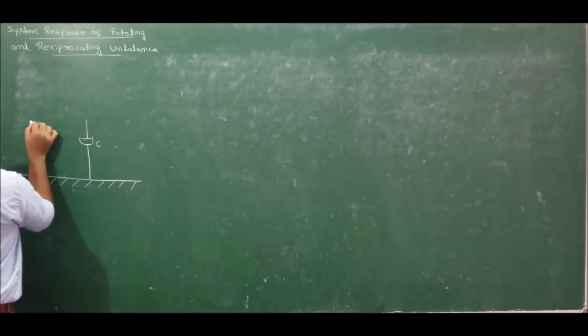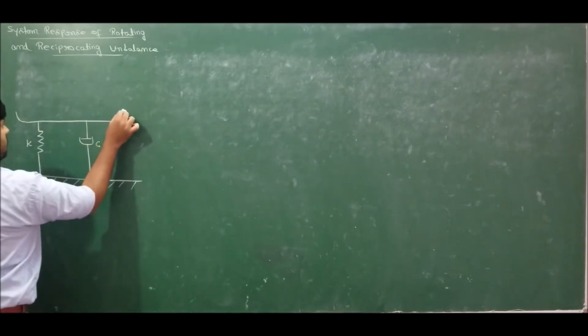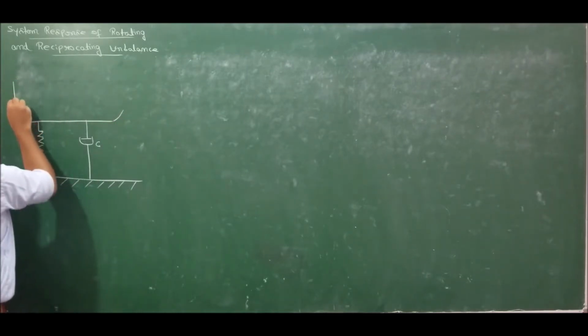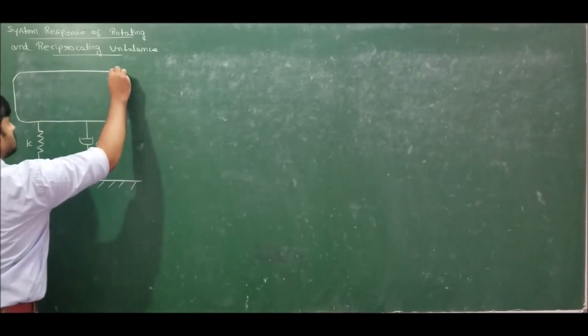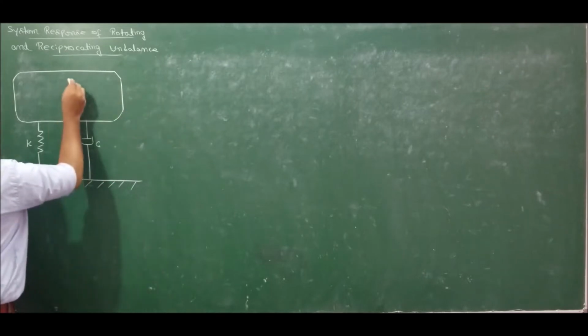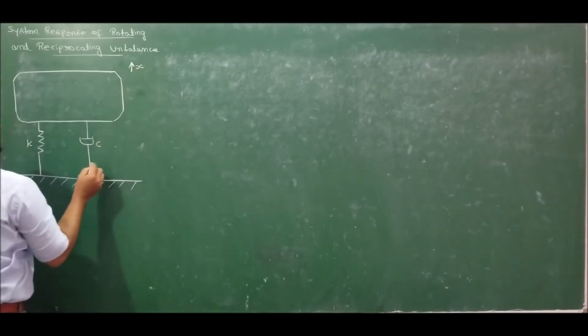Now upon this we have a rotating machine mounted. Let us say we have a rotating machine like this, and this is displaced vertically upwards by x.